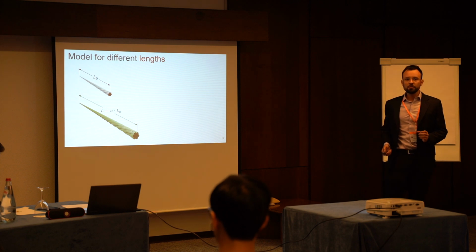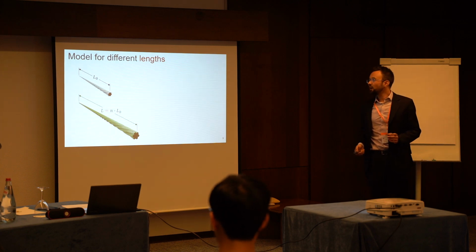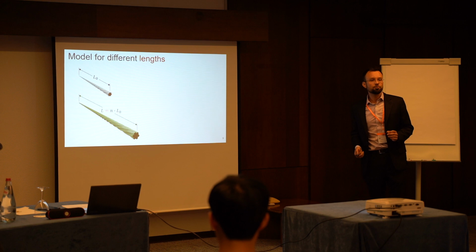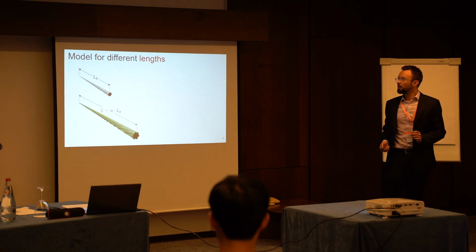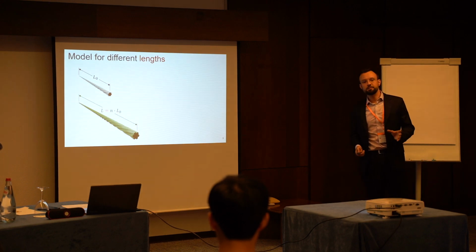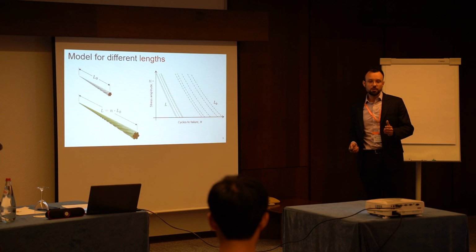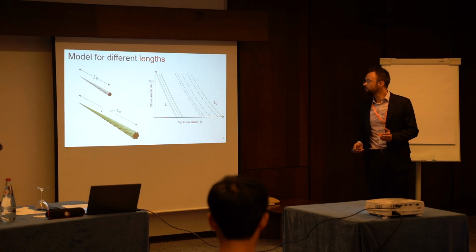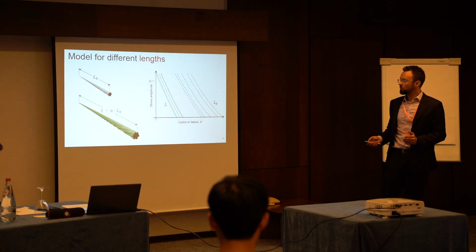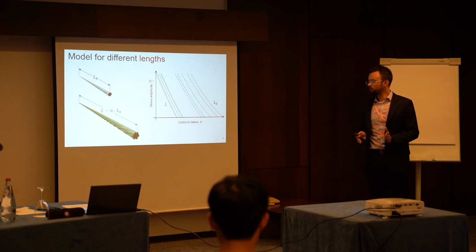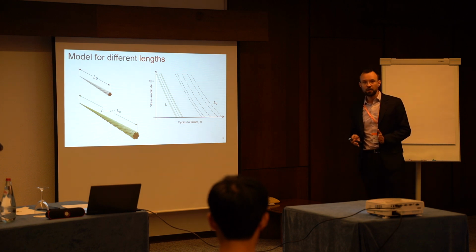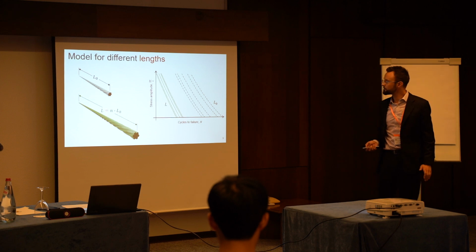Also, in 1985, Castillo proposed a model for different lengths of wires and cables. They state that longer cables have shorter lives, and also here in the SN curve we can see that the distribution is narrower for the long cables.